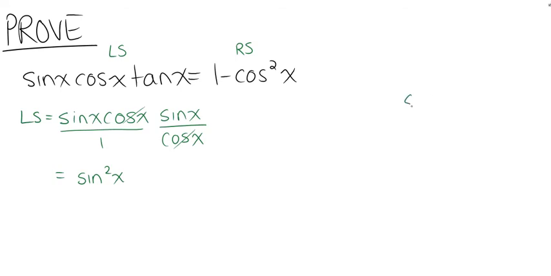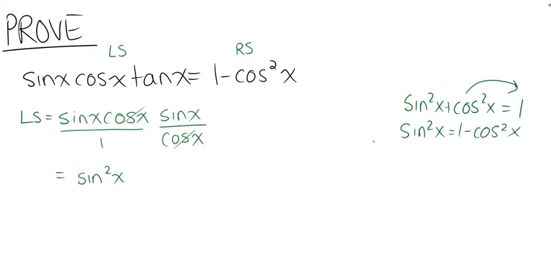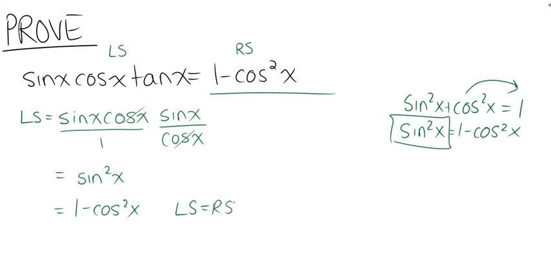And using my Pythagorean identity, which is sine squared x plus cos squared x equals 1, if I isolate sine squared x and move that over, I get 1 minus cos squared x, which is exactly what I have on the right side. So I pretty much have just proved this, because that is equal to 1 minus cos squared x. So now I know my left side is equal to my right side. I'm like 2 steps.